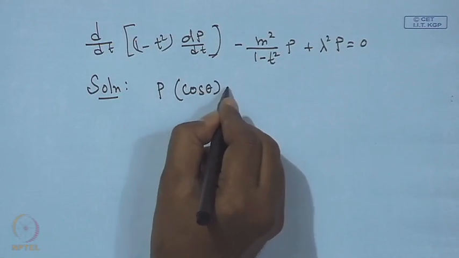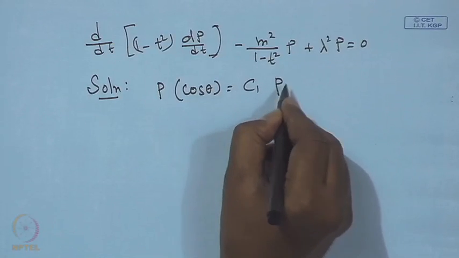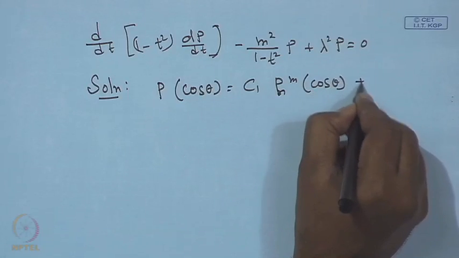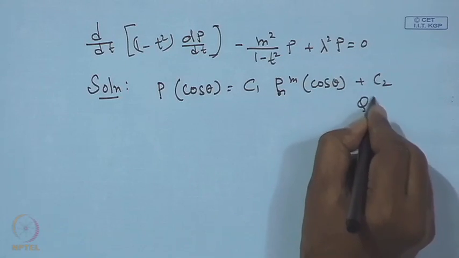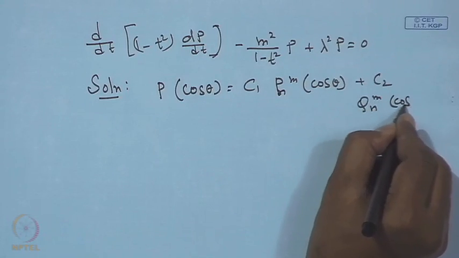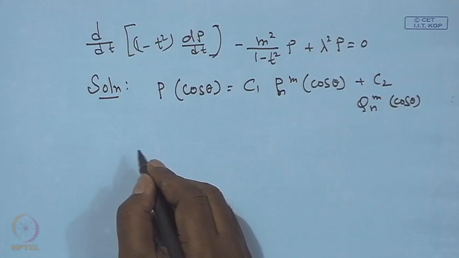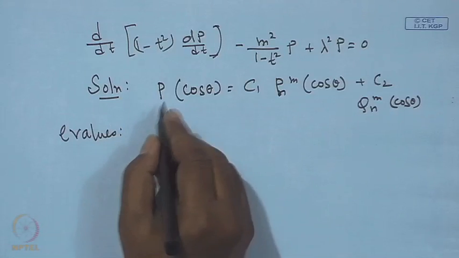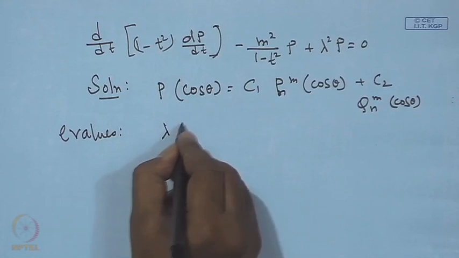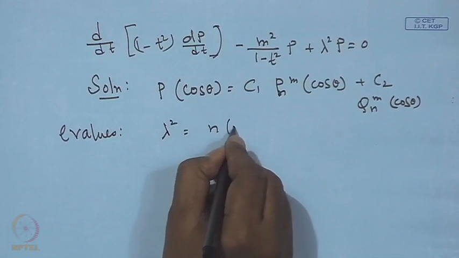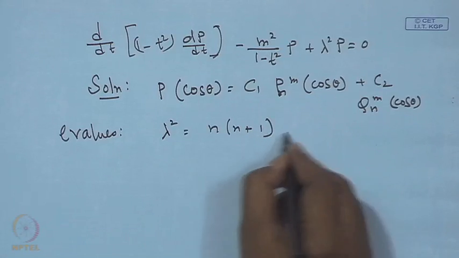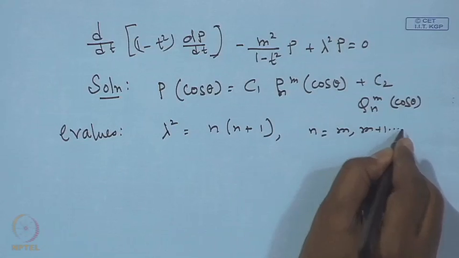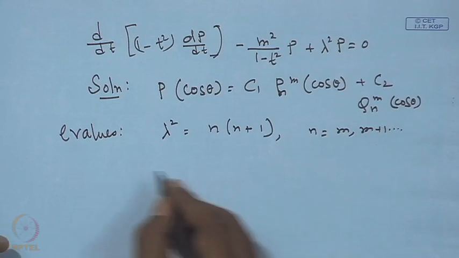P of cos theta is equal to C1 P n superscript m cosine theta plus C2 Q n superscript m cosine theta, where the eigenvalues are lambda square is equal to n into n plus 1, where n runs from m up to infinity.